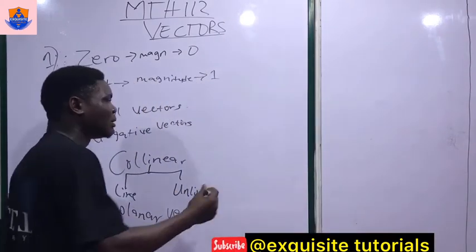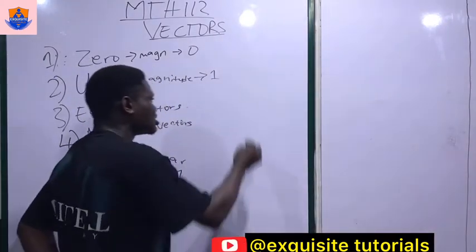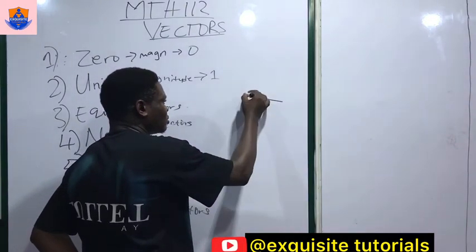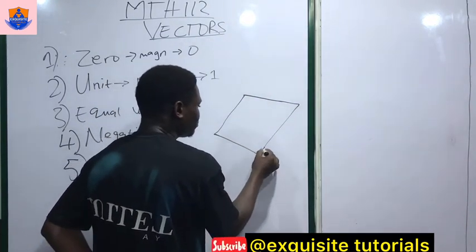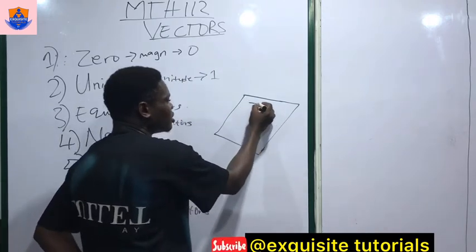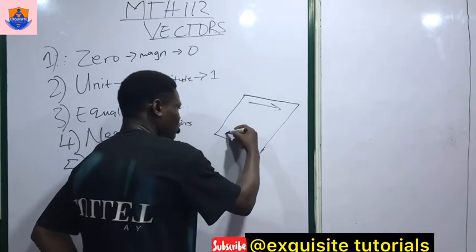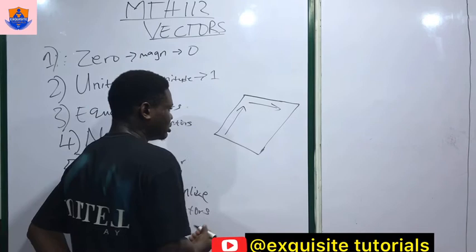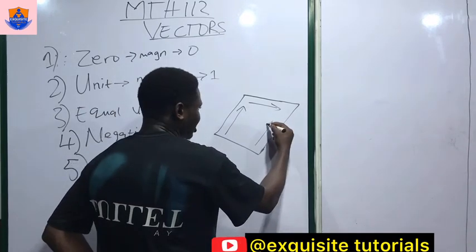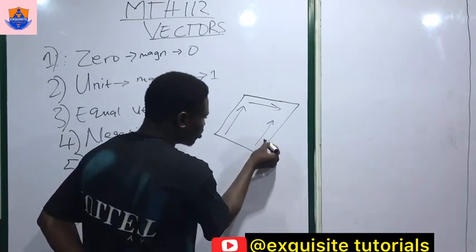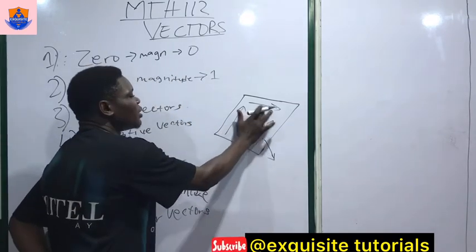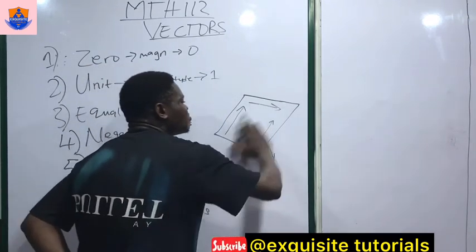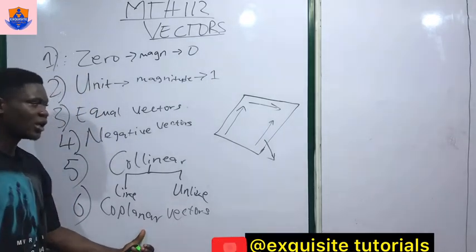Now let's say you have a plane. A plane can be a flat surface. And this vector is lying on this plane. This vector is lying on this plane. This vector is lying on this plane. But this vector is coming below the plane. Because these three vectors are lying on this same plane, they are called coplanar vectors.